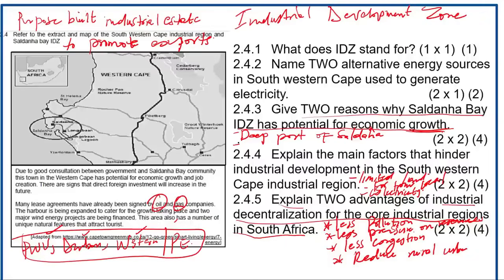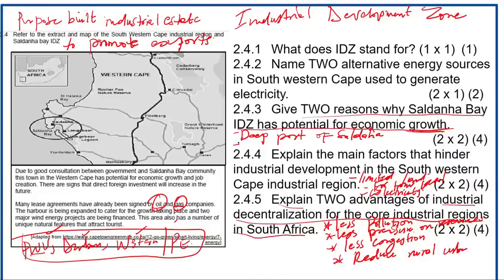Explain two advantages of industrial decentralization for the core. So you need to tell what is going to happen. There's going to be fewer people going there, and less pollution. There's going to be less pressure on resources, so the electricity and water resources will be under less pressure.